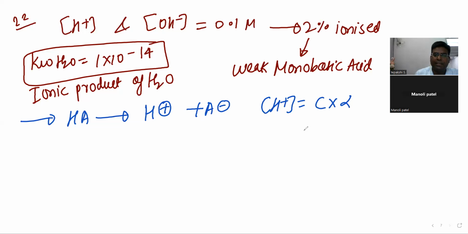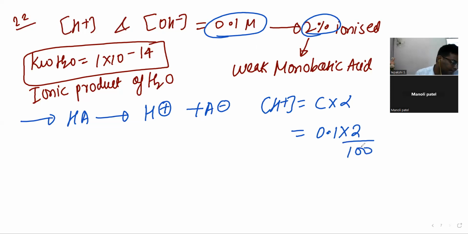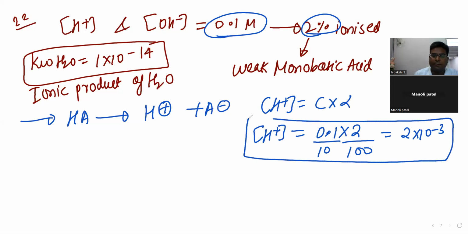The concentration is 0.1, and alpha is also given, that is 2% dissociated, so it will be 2 upon 100. After removing this point, you will get 10 in the denominator. Then H plus ion concentration will be 2 into 10 raised to minus 3. So this is your H plus ion concentration.